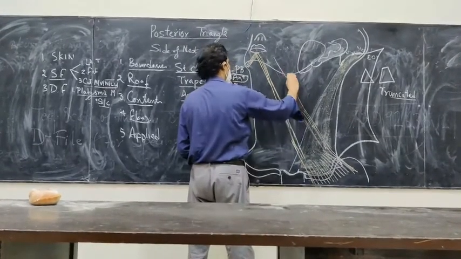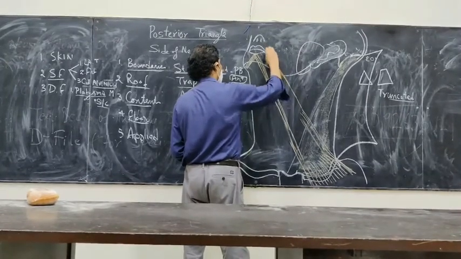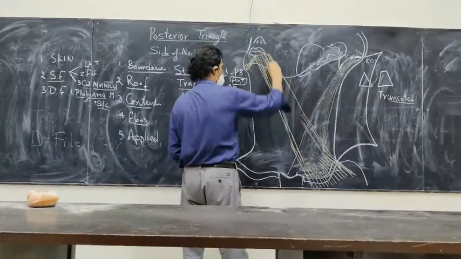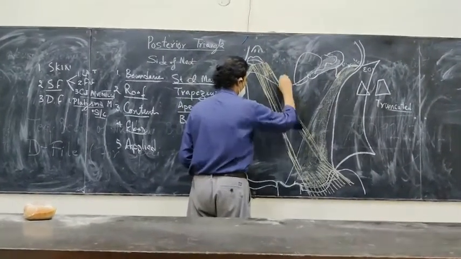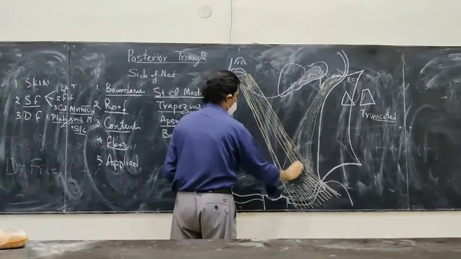The lateral fibers are inserted over the lateral angle of the mouth. So this is a thin subcutaneous muscle that is called platysma.